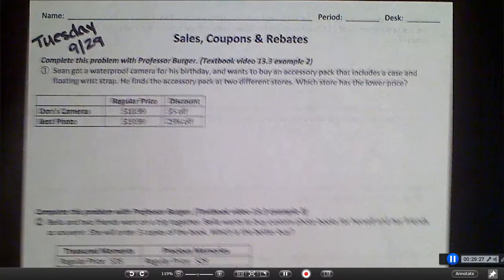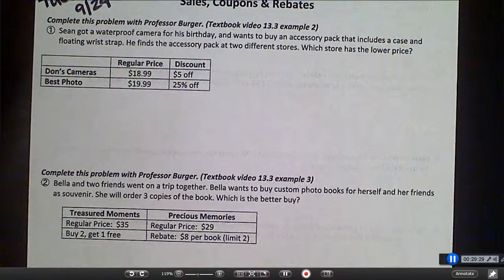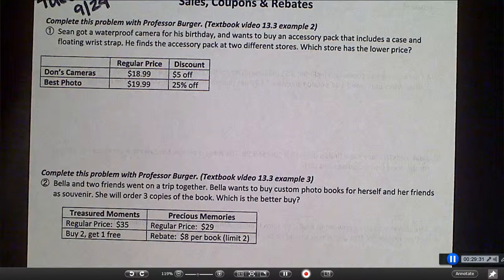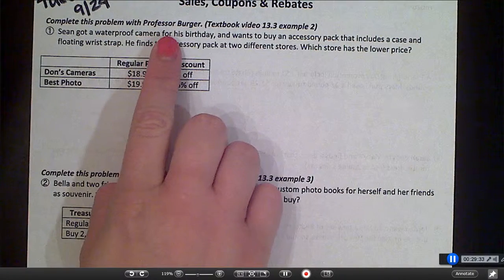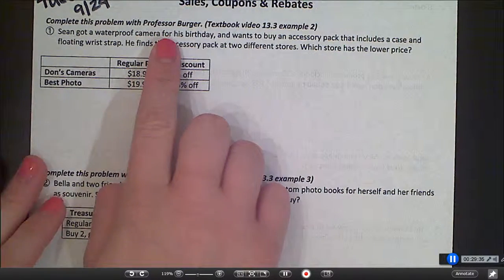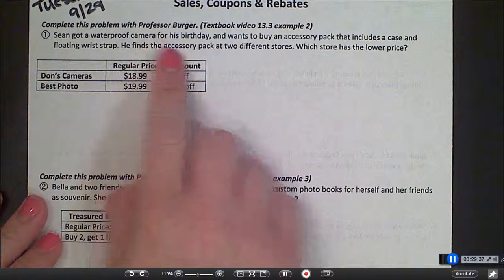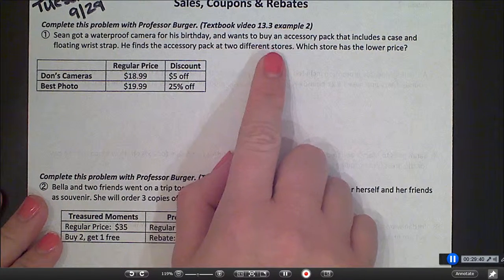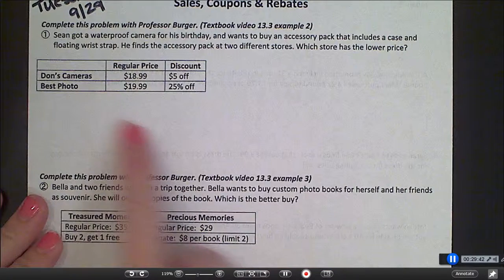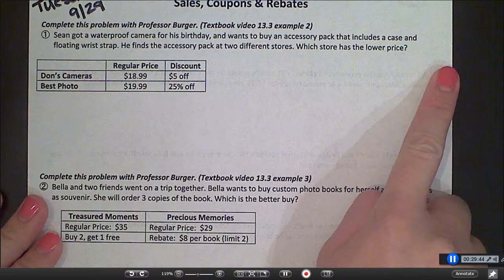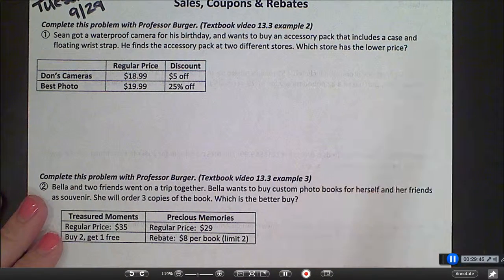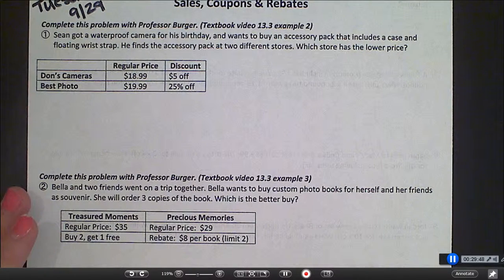And you'll see that you lucked out in this case. Problems 1 and 2 are actually going to be done with Professor Berger. So I'm going to play a video for you. I'm going to play this first video. And Professor Berger is going to work out this whole problem with you. And so what I need you to do is to work out exactly what he has.